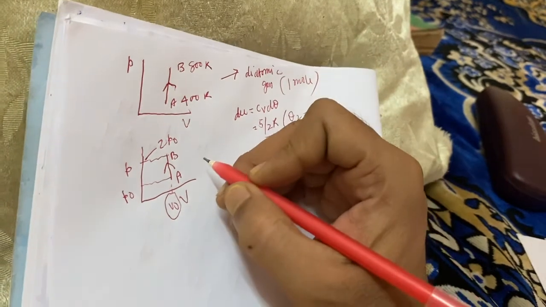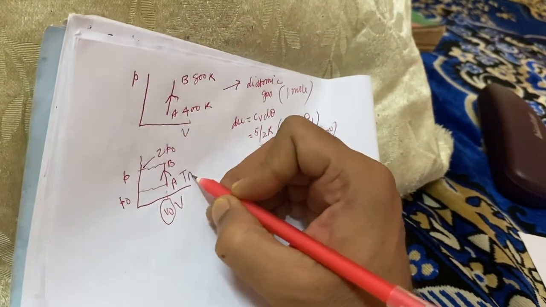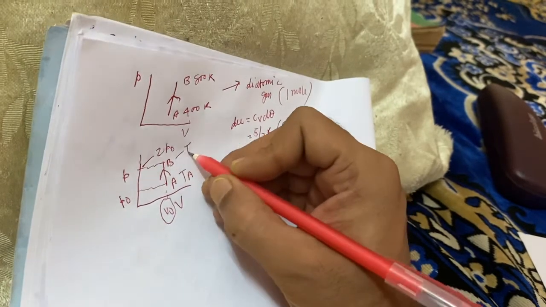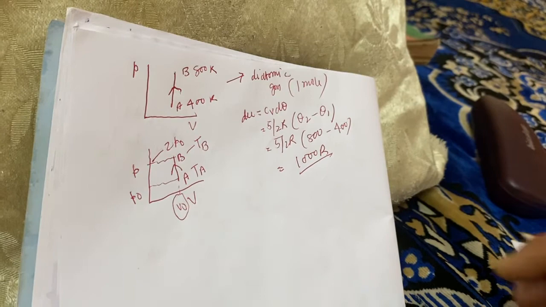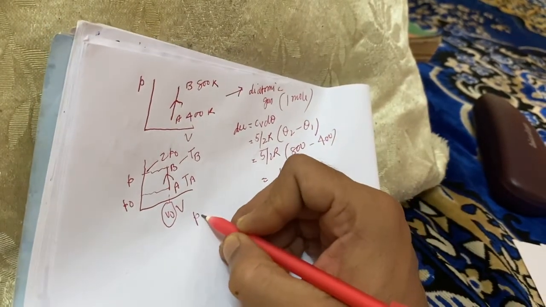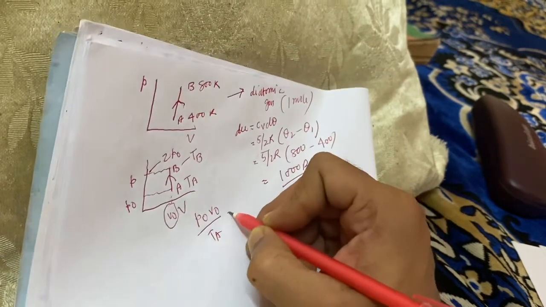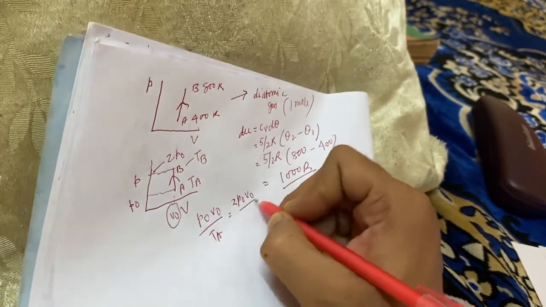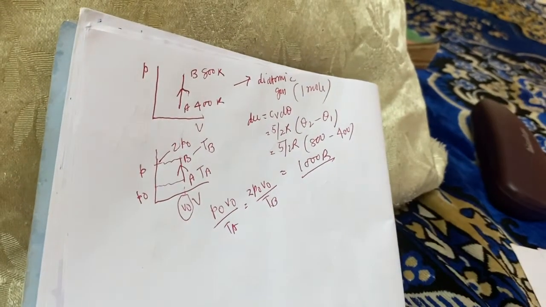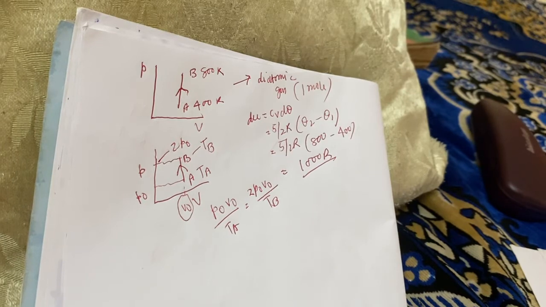Suppose we have to calculate the temperature Ta. Suppose we have the temperature Tb at the points A and B. So, we can write the equation P0 V0 by Ta is equal to twice P0 V0 by Tb, as PV by T always remains constant.